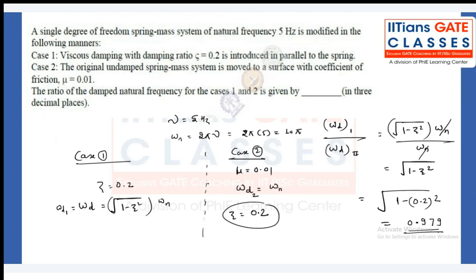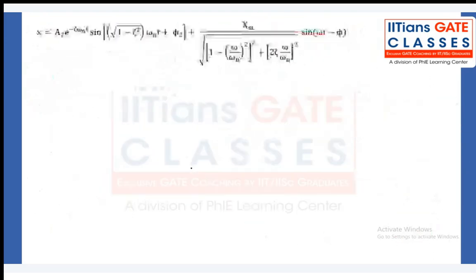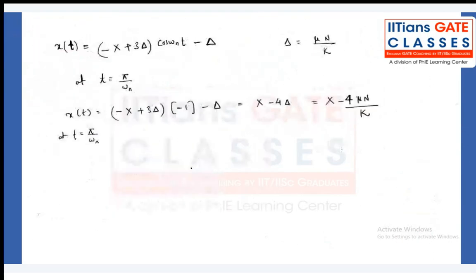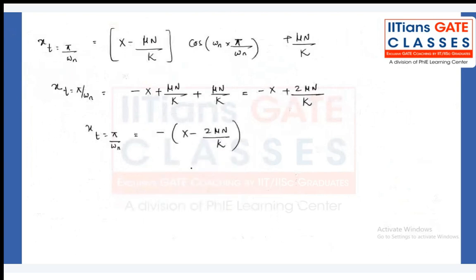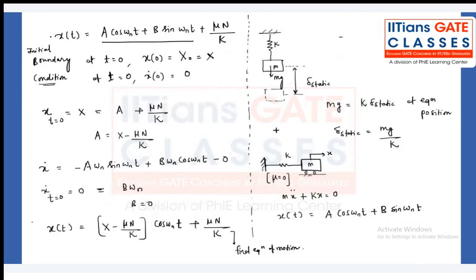Case 2 I discussed, let me take you back to case 2. If you see the previous lecture, when we started our discussion on Coulomb damping, how the system is responding, guys. What is the total solution? A cos omega n t plus B sin omega n t. Anywhere you are observing omega n, still there is a Coulomb friction, but the system is vibrating about omega n.